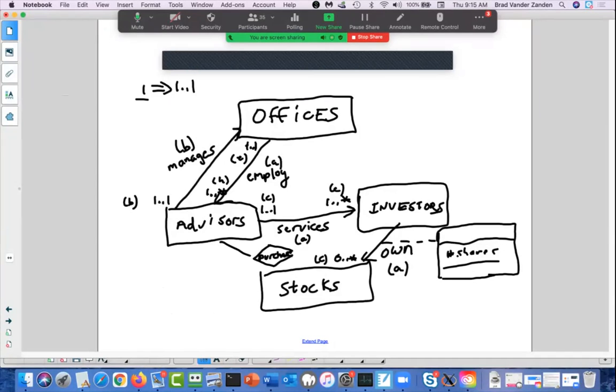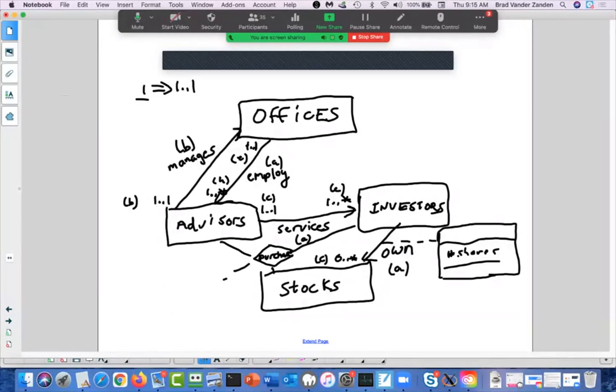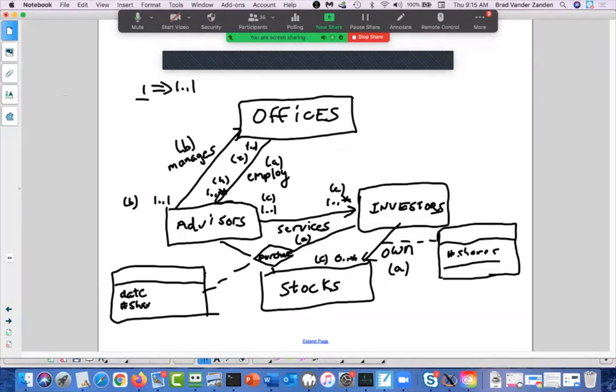So an advisor purchases a stock for an investor, and then you have a set of attributes that include the date, number of shares, and price. So that's a three-way relationship.